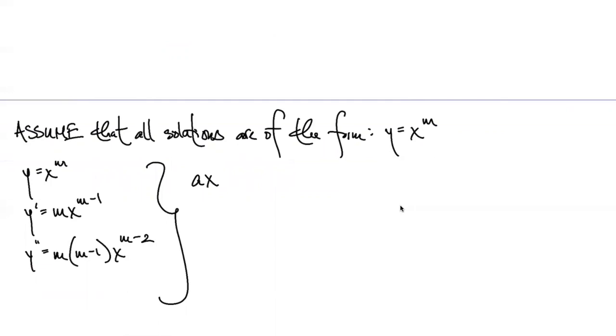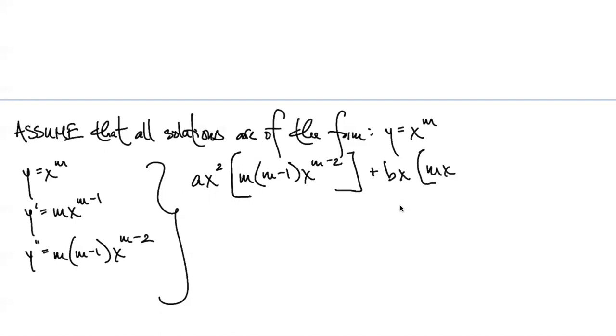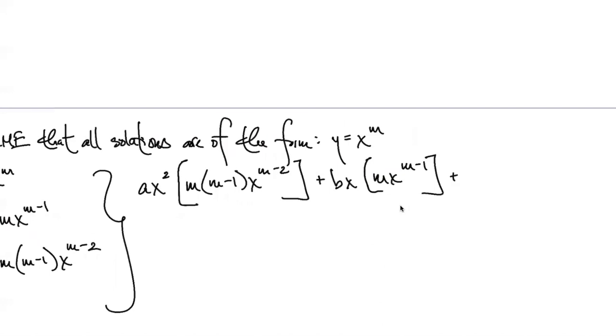So ax squared, y double prime: m times m minus 1, x to the m minus 2, plus bx times y prime. So that's m x to the m minus 1. Plus cy, and that is just x to the m.